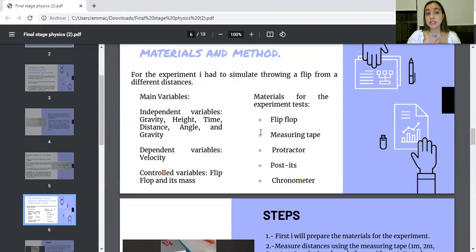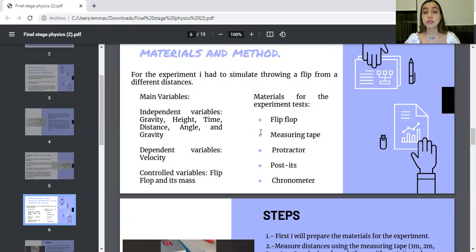The first one, independent variables. In this one, we have gravity, height, time, distance, and angle. For the second one, the dependent variables, we have the velocity, and the third one, the control variables. Here we have the object, that is the flip-flop, and its mass.